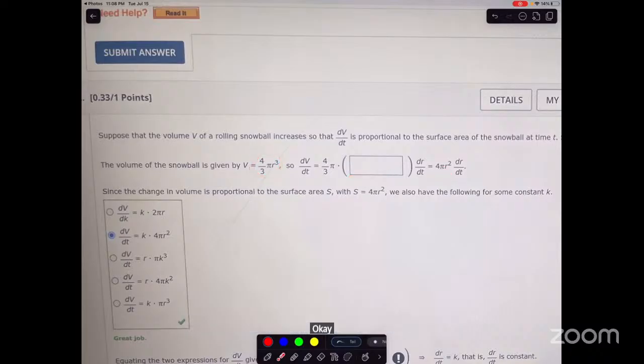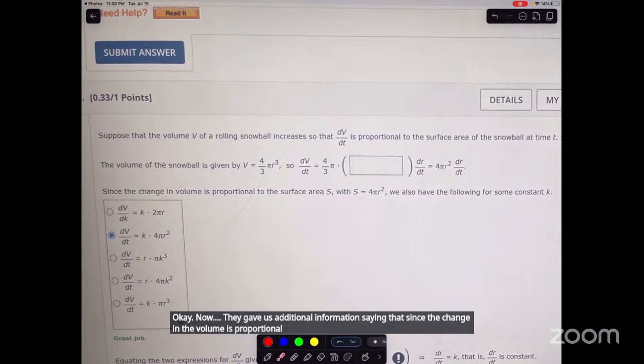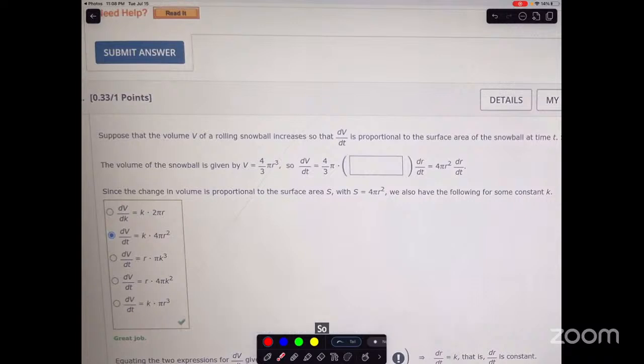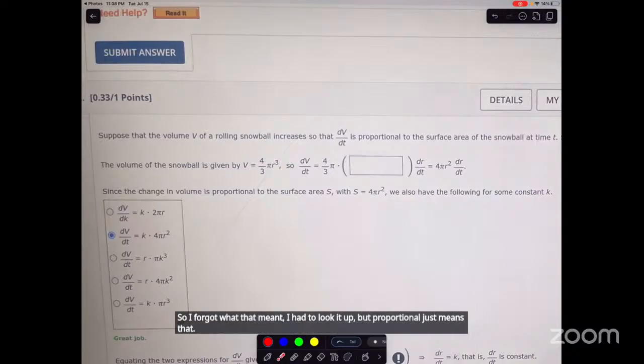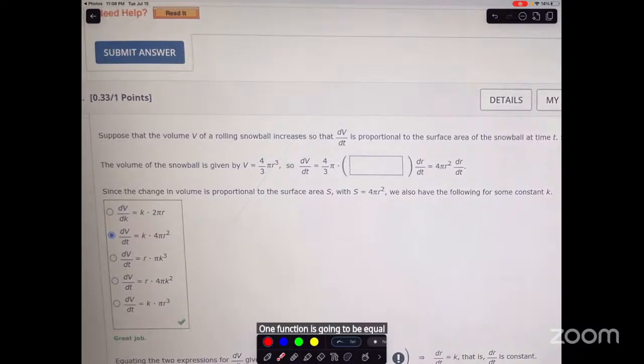Now, they gave us additional information saying that the change in the volume is proportional to the surface area. I forgot what that meant, so I had to look it up. Proportional just means that one function is going to be equal to the other function times some constant k.